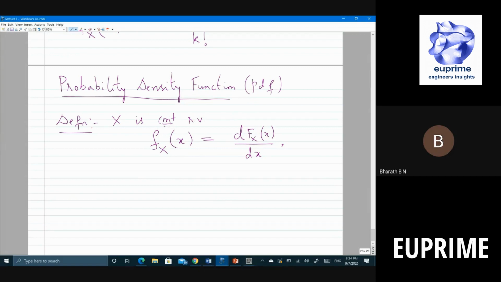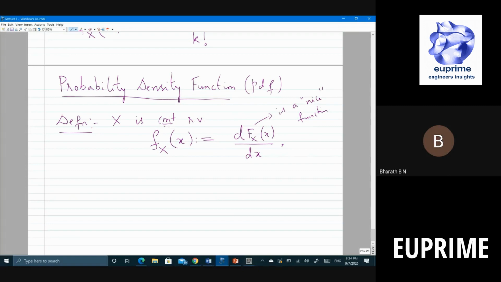If the derivative itself doesn't exist, then we cannot use this definition. So this is assuming that F_X(x) is a nice function, whatever nice means. If it is not nice, then you cannot talk about a density function. You can only talk about the CDF. So we'll be happy with the CDF.